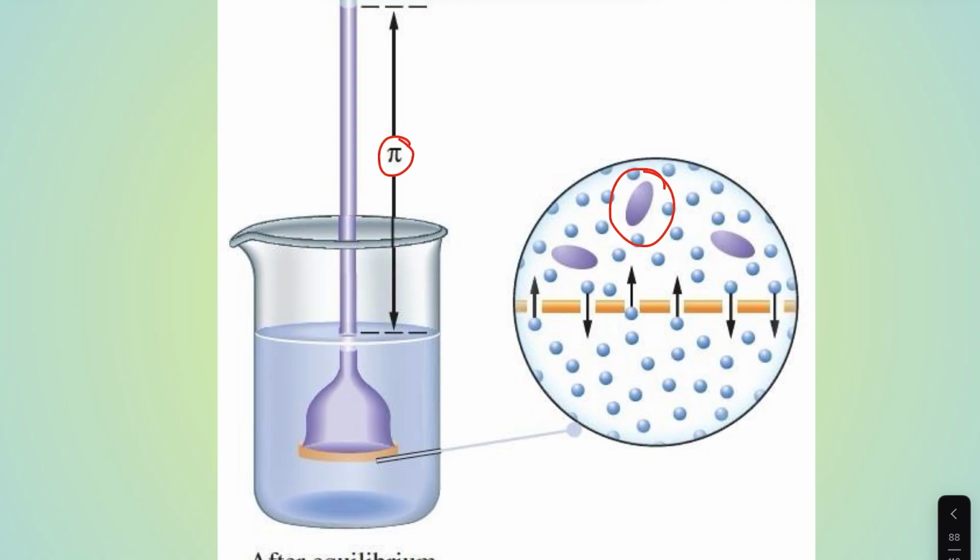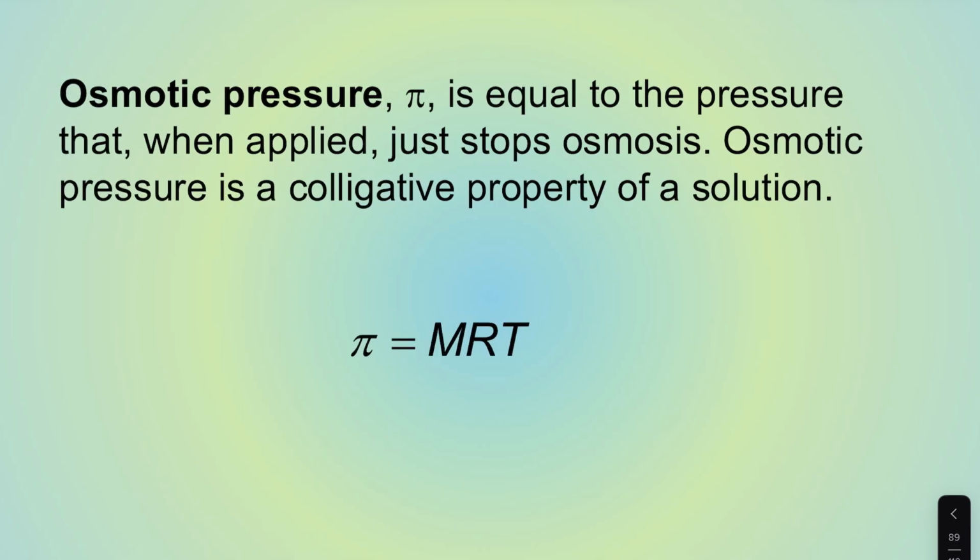And so your osmotic pressure is the amount of pressure it would take to get all the way up there to that top point. It can be measured according to this equation where you have molarity, R as another constant, and T as the temperature.